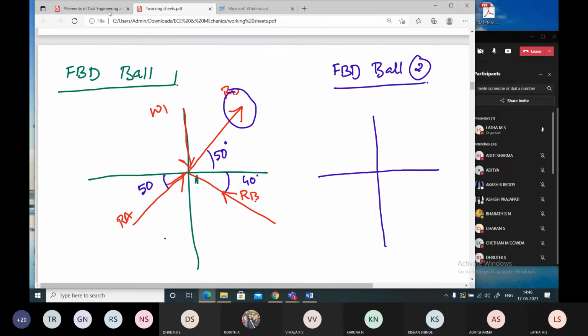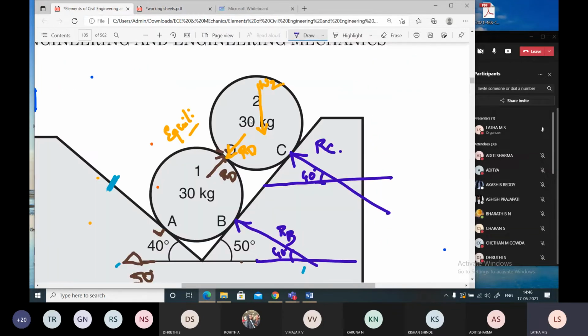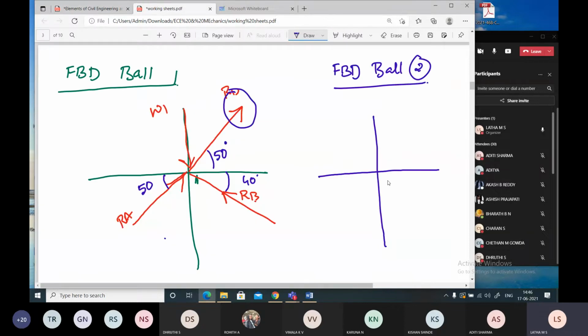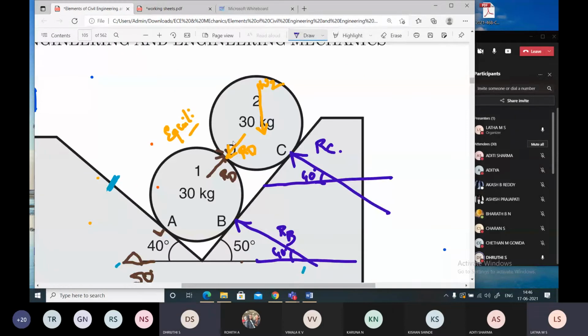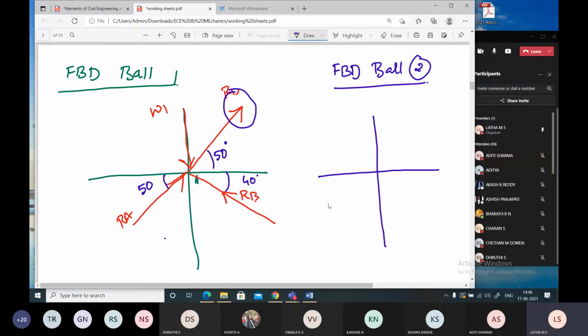Now tell me the forces, how to transfer one by one. RD will come in which quadrant? First, ma'am. If you don't understand, you can drop one axis like this.